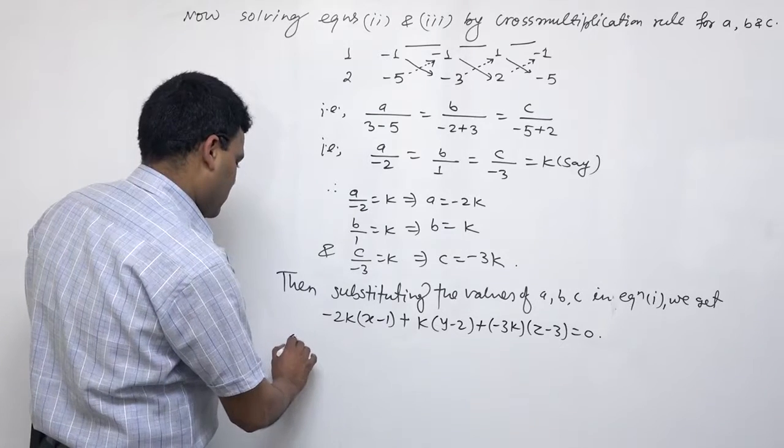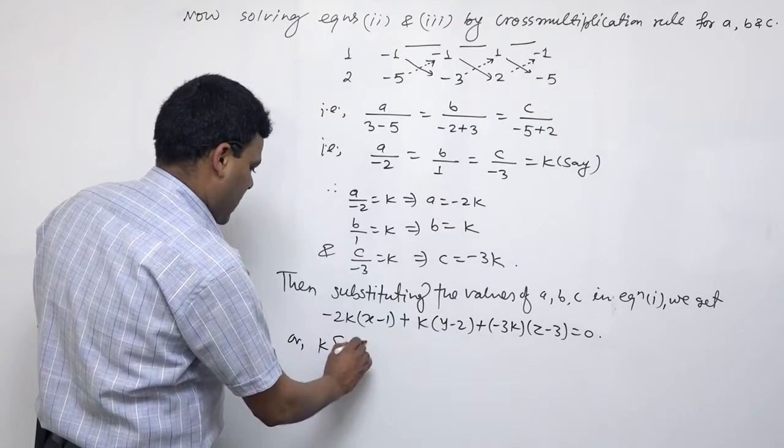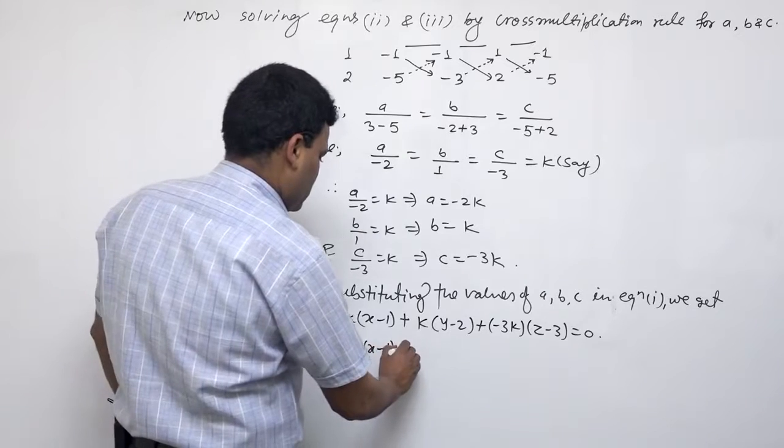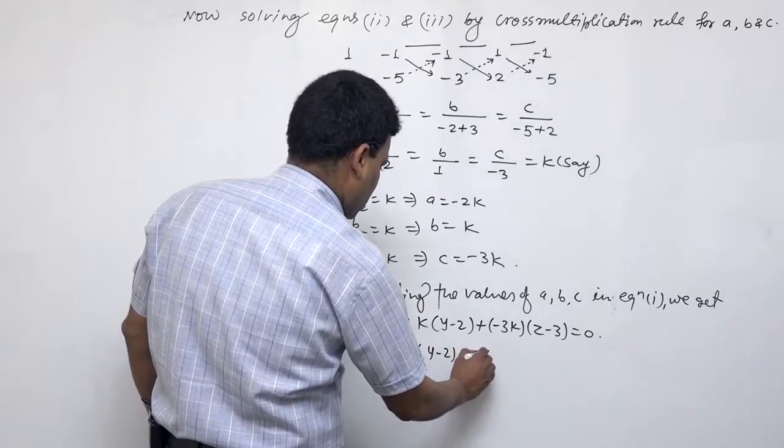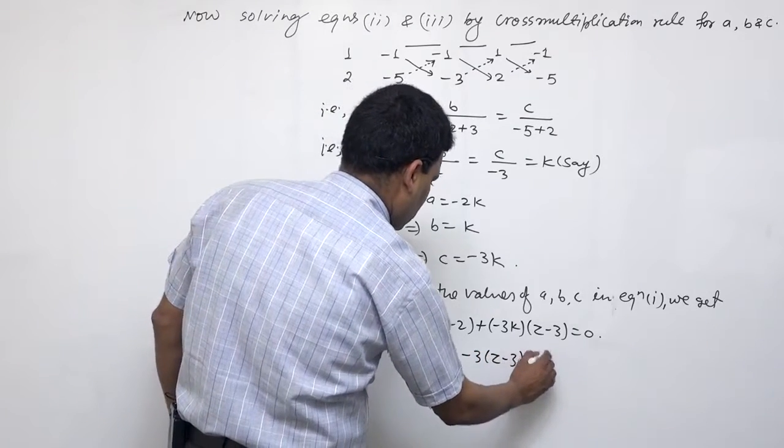Taking k common, minus 2 into (x minus 1) plus (y minus 2) minus 3 into (z minus 3) equals 0.